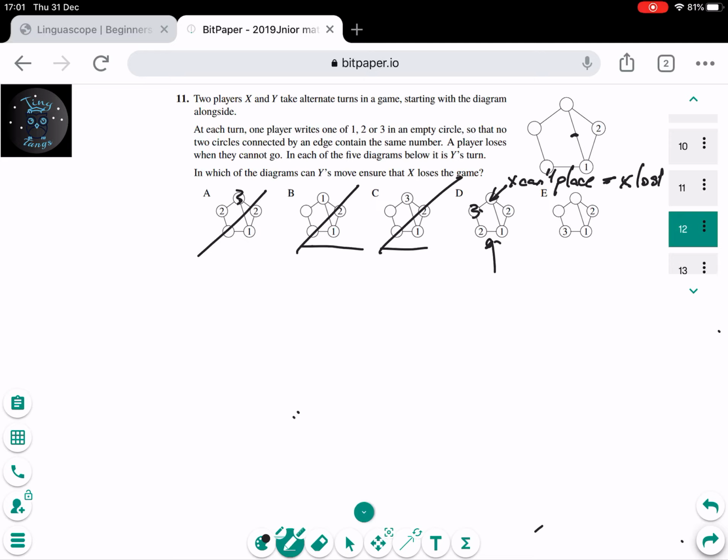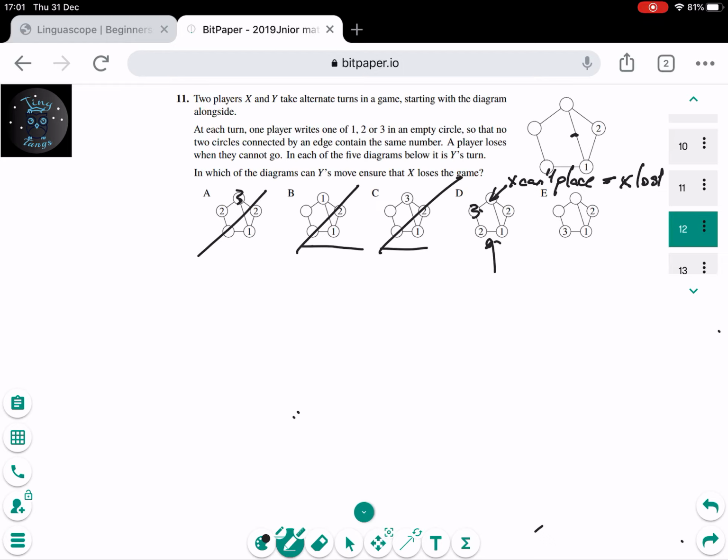If Y places, for example, 2, then it would only restrict X from placing 1 or 2, so X could place 3, so X wouldn't lose.